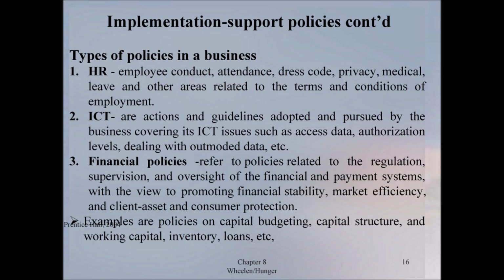Okay, because of what we are supposed to be doing. And the policy is that you access only information that is relevant to you. Okay, so your level determines what you need to do. So it deals with authorization level. To what level can you go? It also deals with how we deal with the old data in the system. How do we destroy them? How do we even put them in archives and all that?